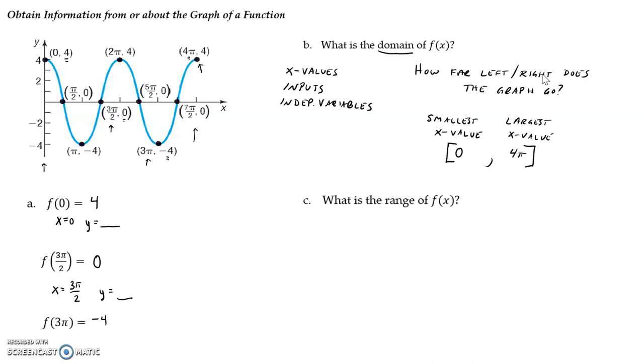If we're talking about the range for part C, we're going to be taking a look at the y values. This would be known as our outputs, or our dependent variables. When we're taking a look at the graphs, obviously we're going to be taking a look at how far up and down our graph goes.